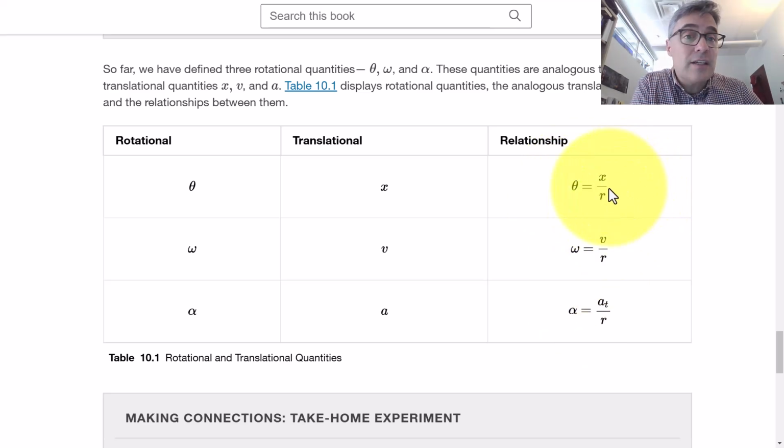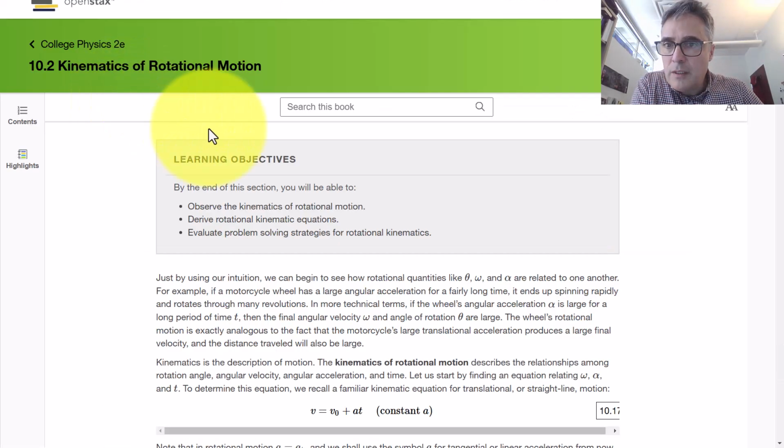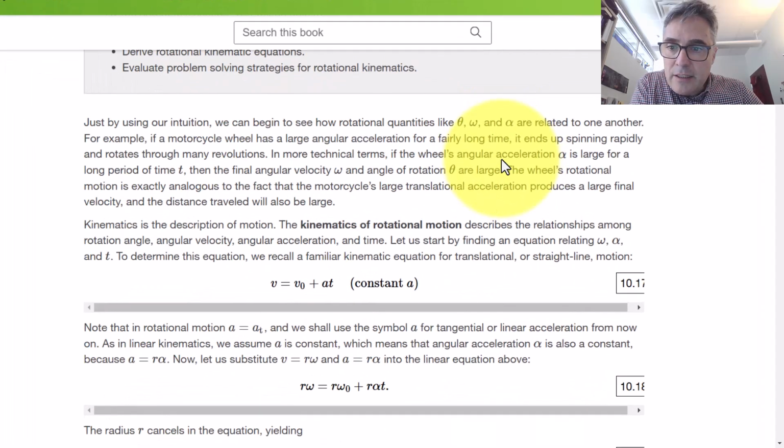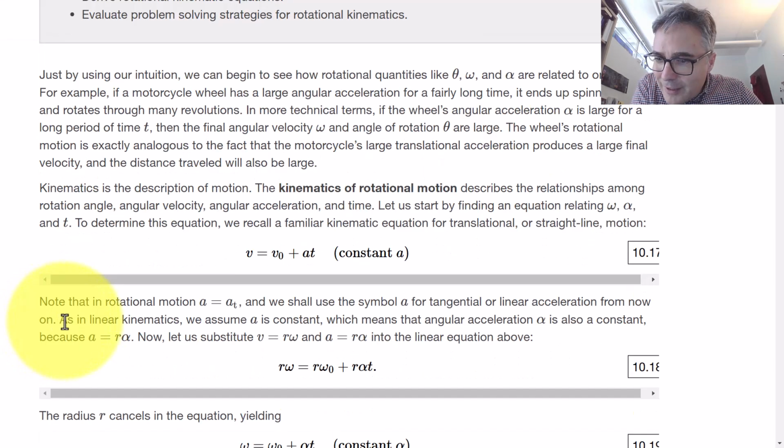And in each case, it's just r. So theta is x over r, omega is v over r, with v the tangential velocity, and alpha is a tangential over r.